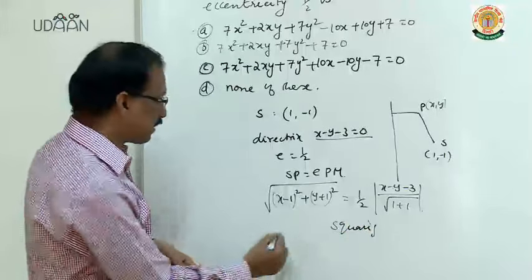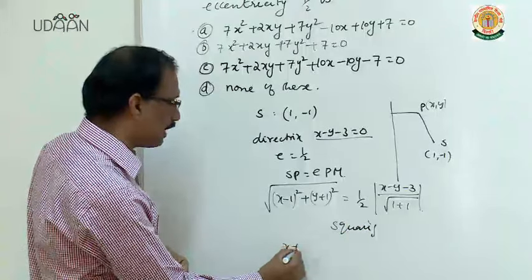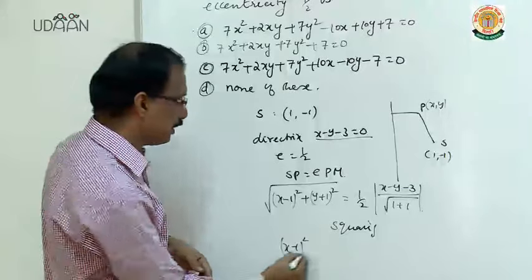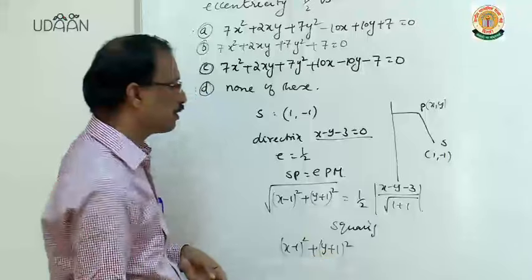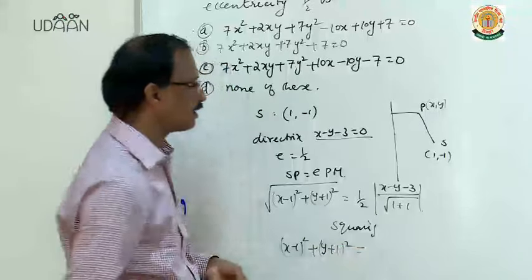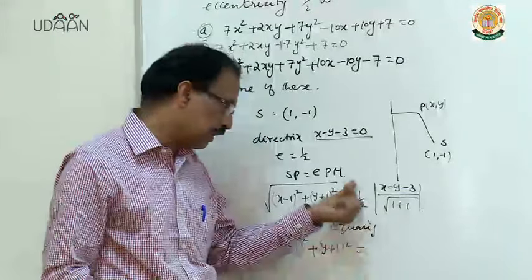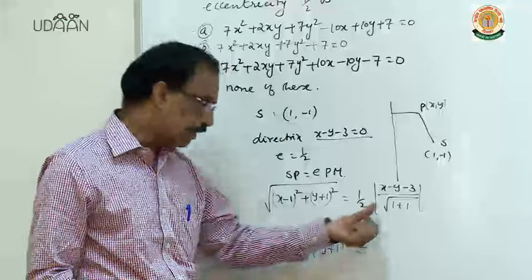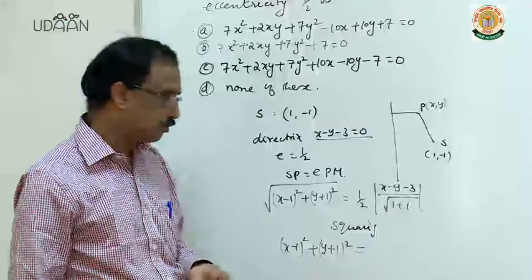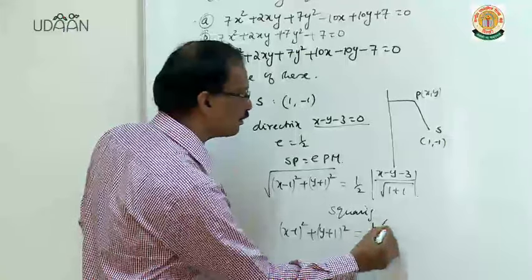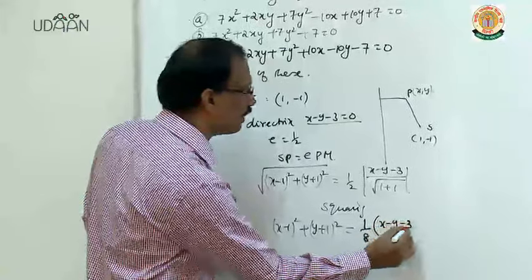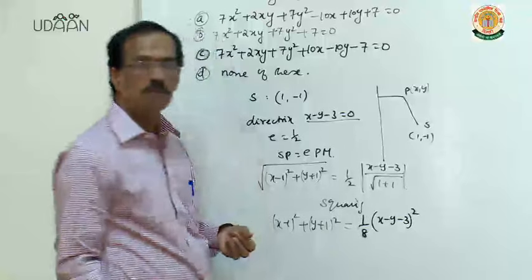If you square it, you get (x minus 1) whole square plus (y plus 1) whole square equals, squaring here, 1/4, and the root 2 also becomes 2, so 1/8 into (x minus y minus 3) whole square.